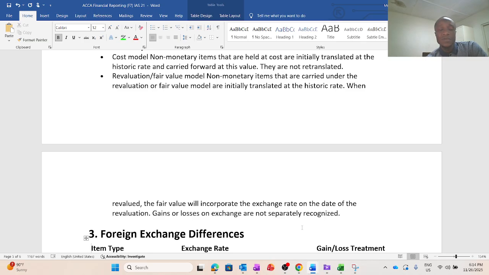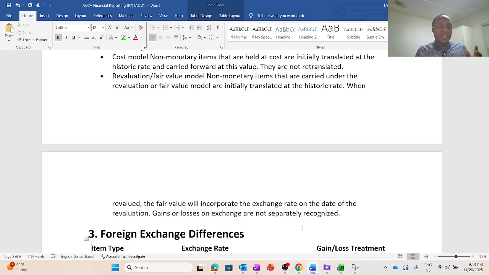Very important concept. If you can remember when we covered IAS 16, the property, plant and equipment, to be specific, the fair value, the revaluation aspect. When there is a revaluation, it means the process of revaluation has already incorporated the impact of the exchange rate.